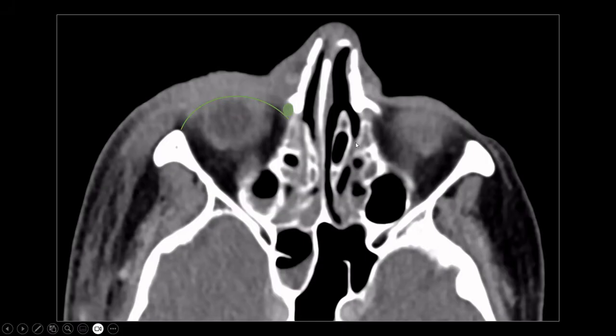Also notice that this patient clearly has a sinusitis, and an orbital cellulitis is often secondary to sinusitis. As already said, the ethmoidal plate of the medial orbital wall is very, very thin and contains a lot of canals for very small vessels, and an infection can spread along these canals from the ethmoid cells into the orbital region.